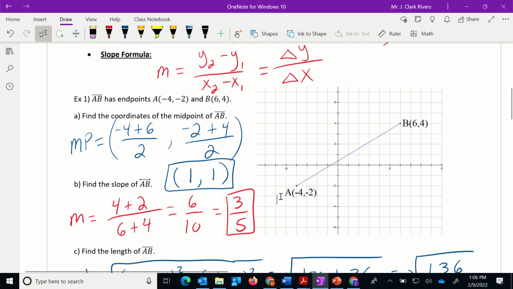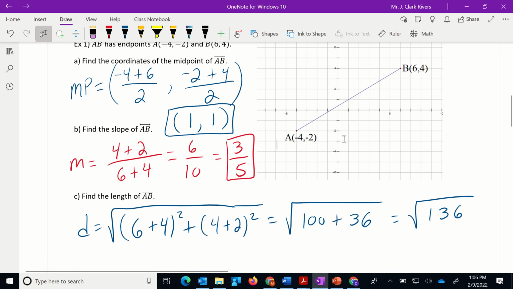Questions on that? Finally, the length of AB. This is the distance formula. Distance formula is the difference of the x's. Well, 6 minus -4. That's going to be 6 plus 4. So that's 10. 10 squared is 100. Plus 4 minus -2. That's going to be 4 plus 2, which is 6. 6 squared is 36.